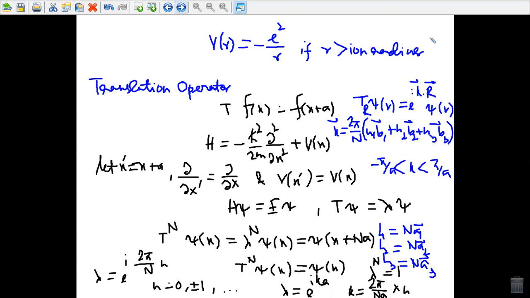So to get some idea about the potential due to the ion cores, let's consider the simple case of an isolated sodium plus ion. The ion has charge plus e and attracts an electron via the Coulomb potential, V(r) equals minus e squared upon r, where r is greater than the ionic radius.